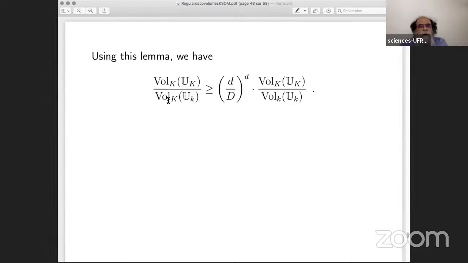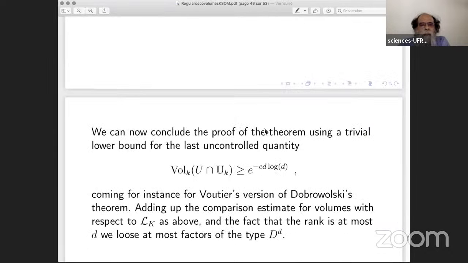So you have this ratio, and you compare that with small d divided by capital D whole power d. Okay. So we thought that we have this inequality.